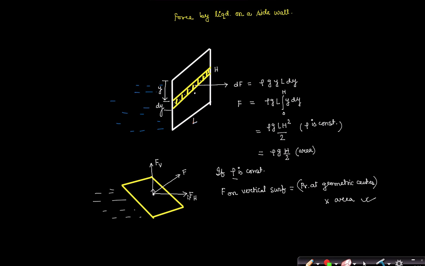If I want to find what is the horizontal component of this force, I can simply take a projection of this area in vertical plane and find the force on this vertical plane. You will find the same force as that of the horizontal. So FH can be found by force on vertical projection of any inclined surface.